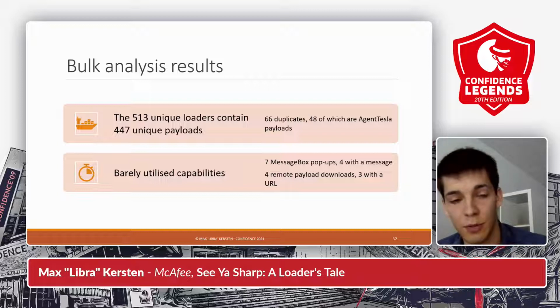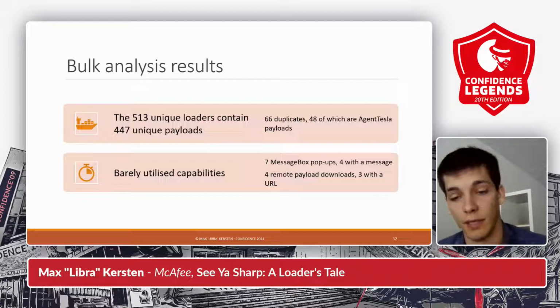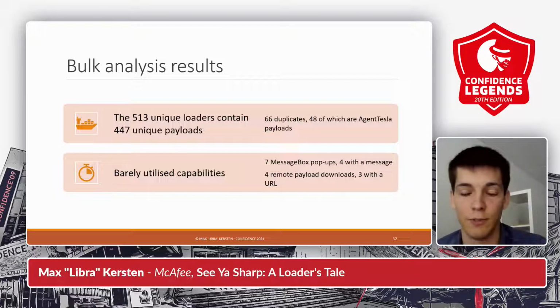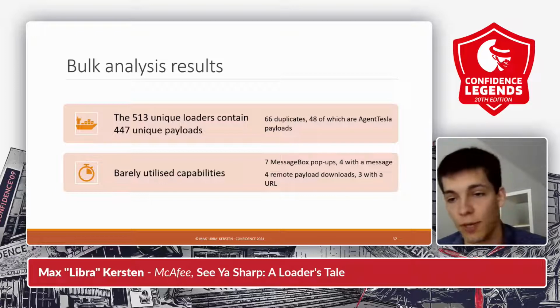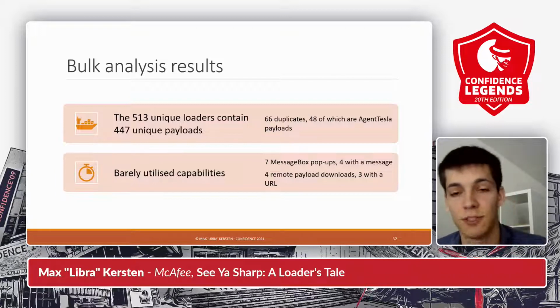So even though the majority of the payload was Agent Tesla, even the duplicates are really Agent Tesla focused as well, which might mean that people who want to drop Agent Tesla either had easy access to this loader or preferred it for one reason or another, but there are no facts to directly support those claims.